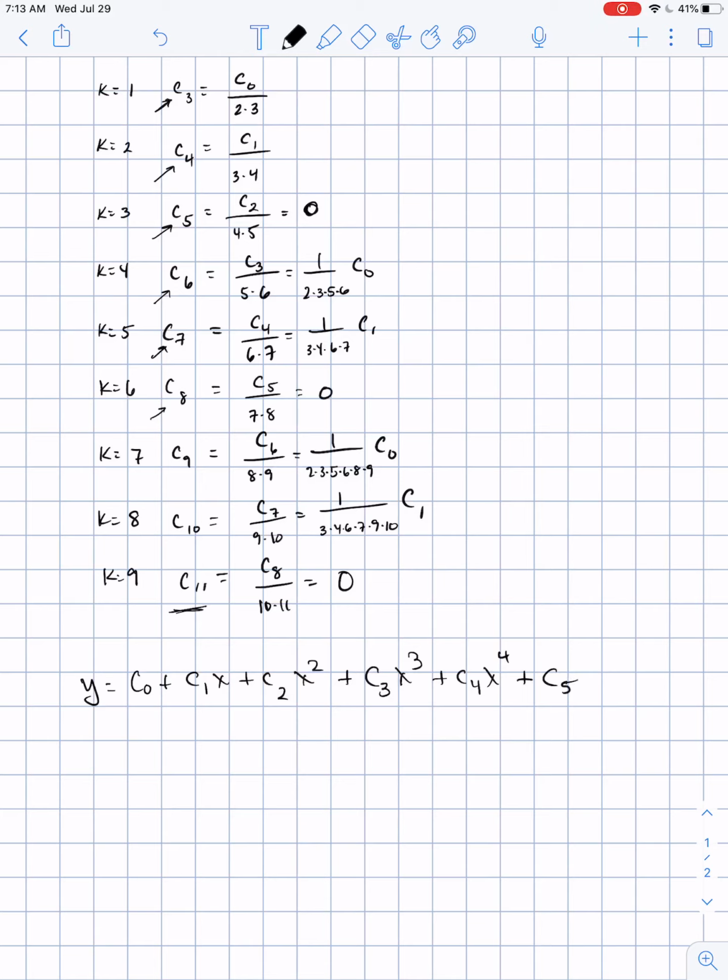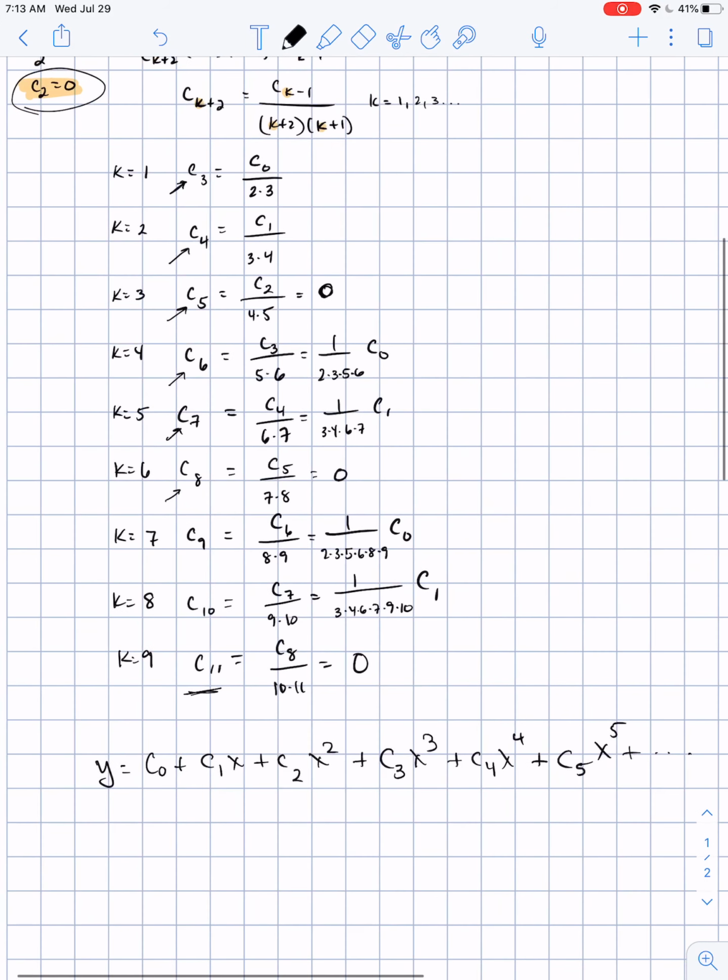Not always necessary if you notice the pattern, but you could see the idea. So what's going to happen here is I'm going to replace, if you notice what we have, don't forget that your c sub 2, right, up top is 0, but everything else is c sub 1 or c sub 0, right? You can see that. Everything is c sub 1 or c sub 0.